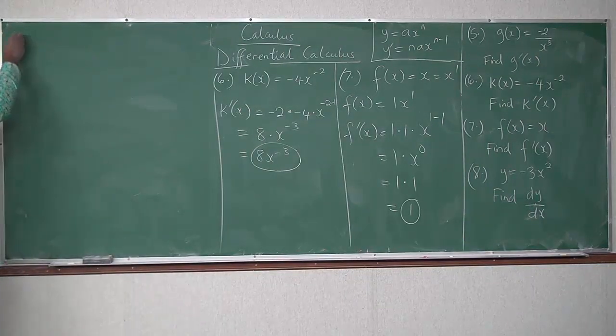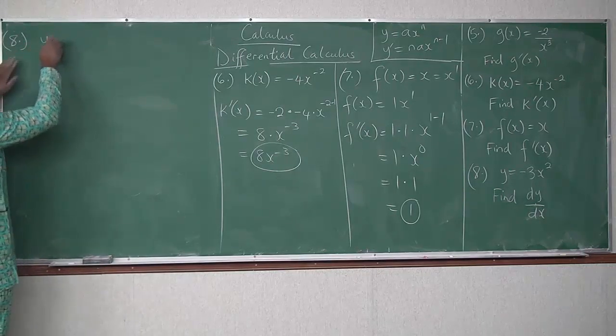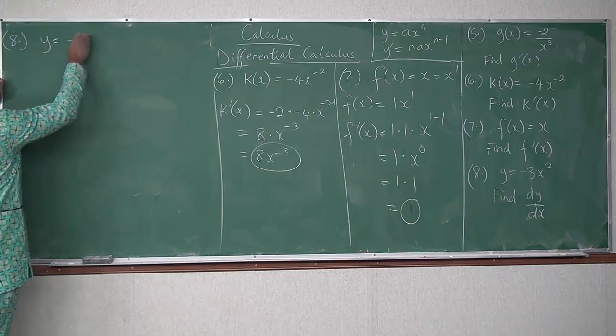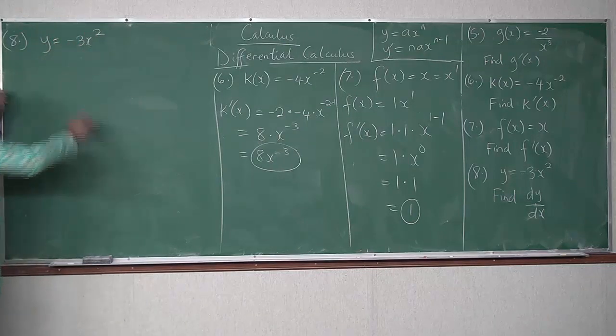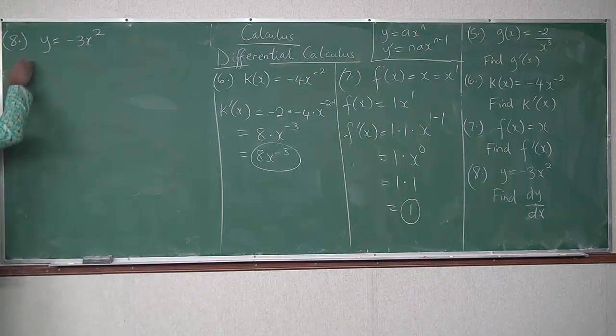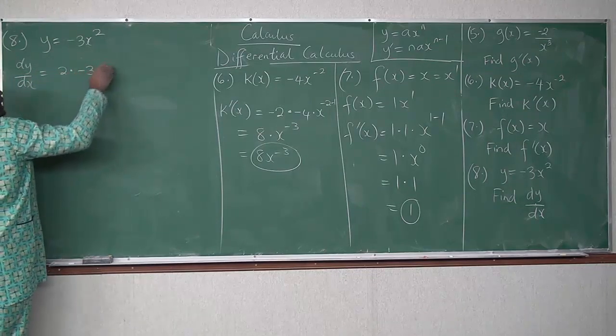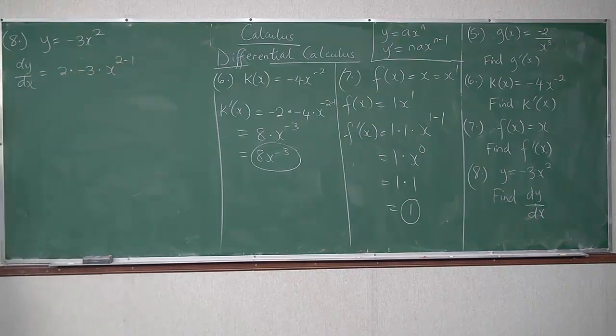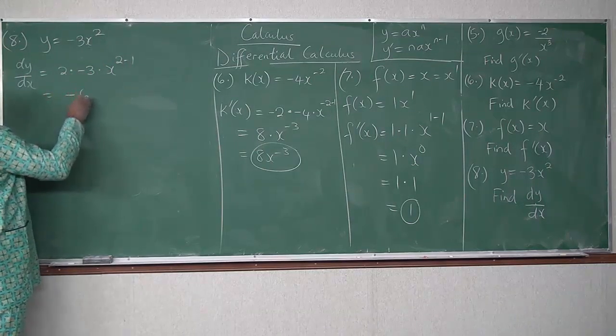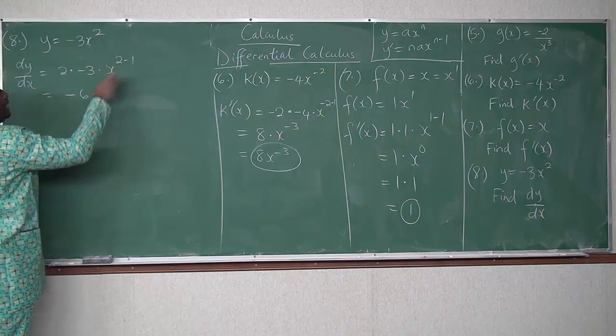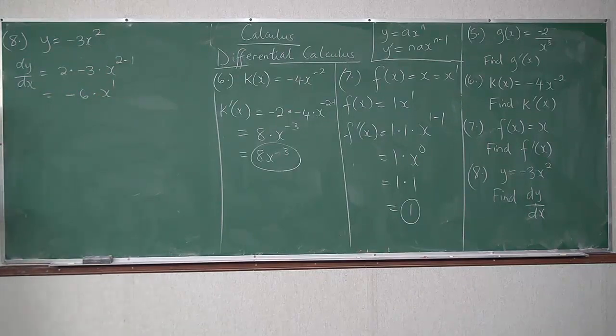Number 8, we have y equal to negative 3x squared. So what would this be? Find dy/dx. The dy/dx will be 2 times negative 3 times x to the 2 minus 1. Okay? Which is 2 times negative 3, which is negative 6, times x to the 2 minus 1, which is 1.